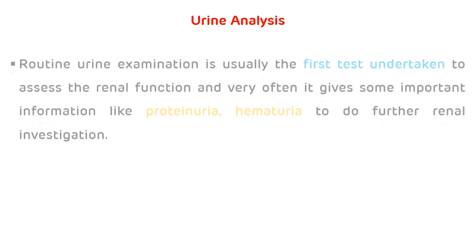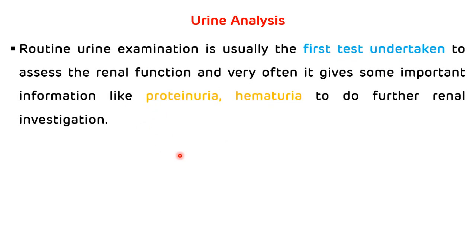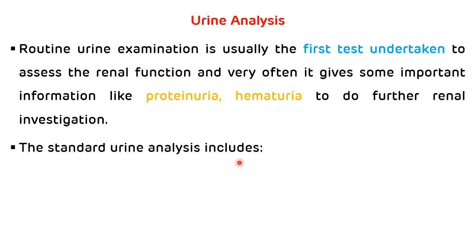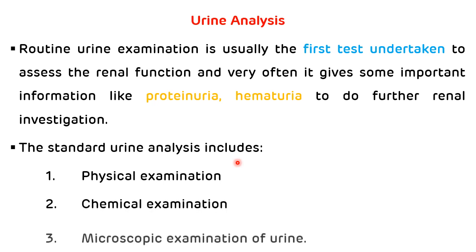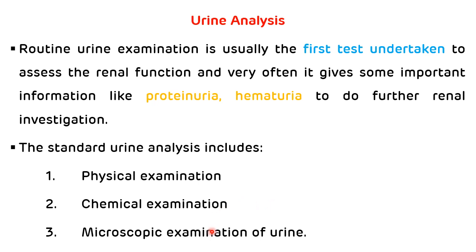First, we will discuss urine analysis. Routine urine examination is usually the first test undertaken to assess renal function, and very often it gives some important information, like proteinuria and hematuria, to guide further renal investigation. The standard urine analysis includes physical examination, chemical examination, and microscopic examination of urine.